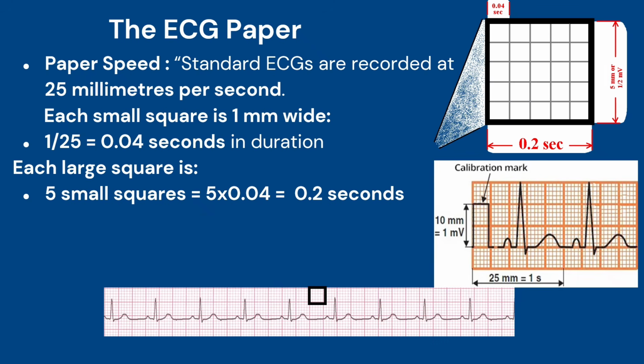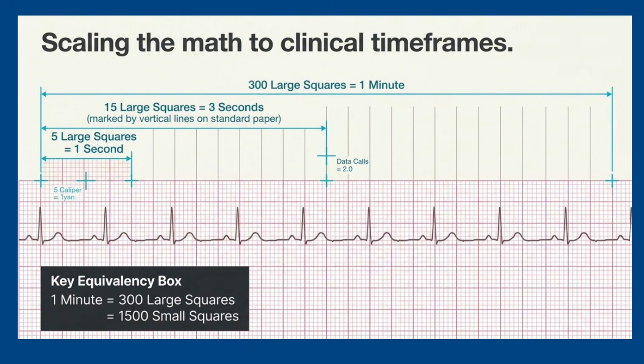And consequently, 5 large squares equal 1 second, and 15 large squares equal 3 seconds. And usually in the ECG paper, you will find a mark every 15 large squares marking 3 seconds.